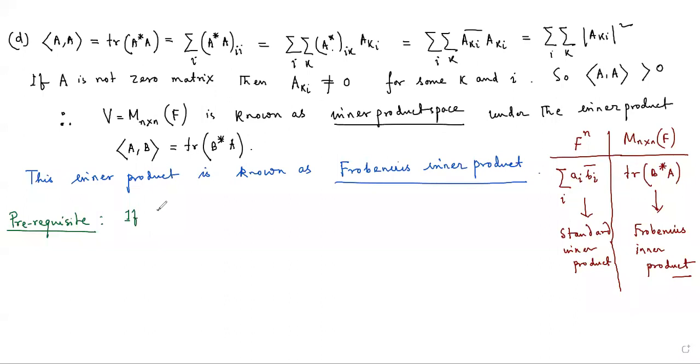If capital S is a non-empty set, and F is any field. Right now, I'm not talking about the inner product. I'm trying to make you recall something from the first chapter.